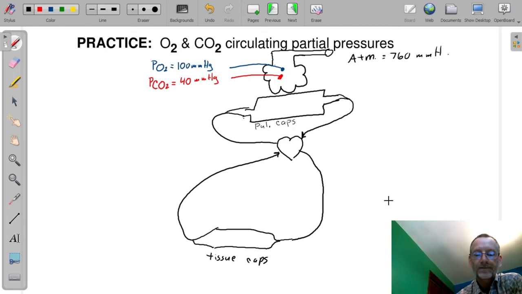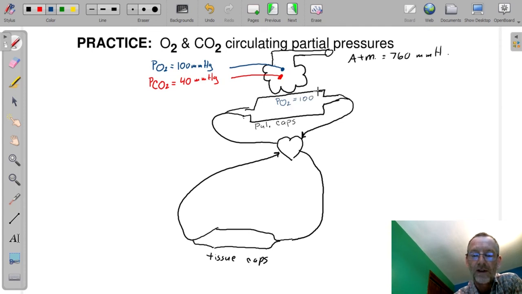Okay? So the blood goes to equilibrium. So in the pulmonary capillaries, the partial pressure of oxygen was 100. So the PO2 equals 100.